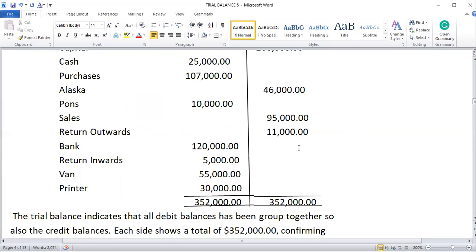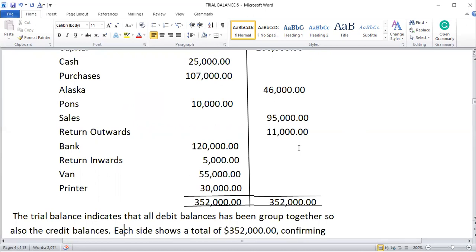So how do we prepare the trial balance? First, your transaction, you do your double entry through the ledgers. After doing the double entry through the ledgers, then what's the next one? You close the account. After closing the account, you do your summary. I take the accounts one after the other. Is it a debit balance or credit balance?